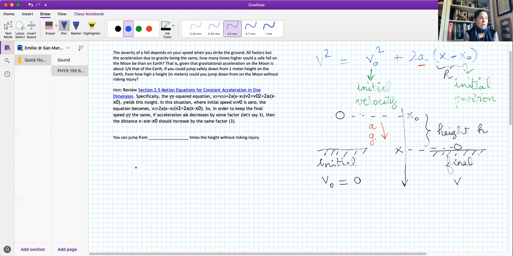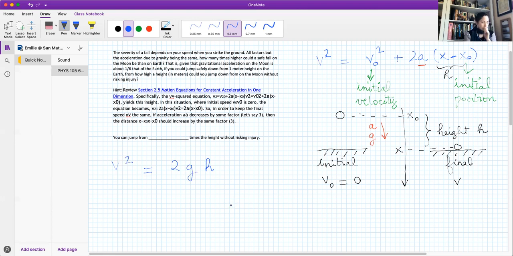Okay, so now if I translate this, I'm going to say, all right, so V squared is going to be equal to 0, my initial velocity is 0, plus 2a, but 2a is actually 2g, that's my acceleration due to gravity, and that is the one thing that's going to be changing between the Earth and the Moon. And then times x minus x naught, which was our height.